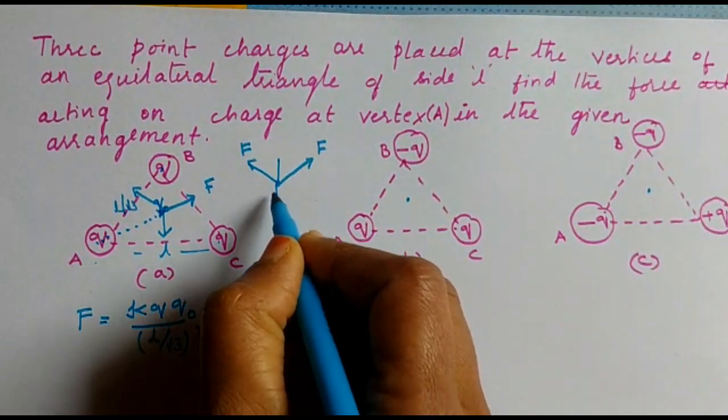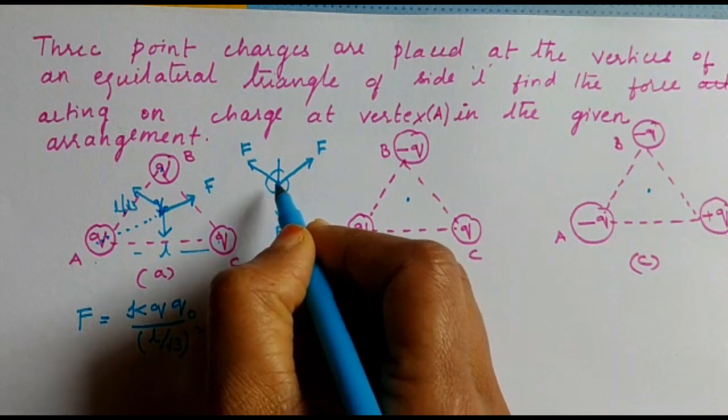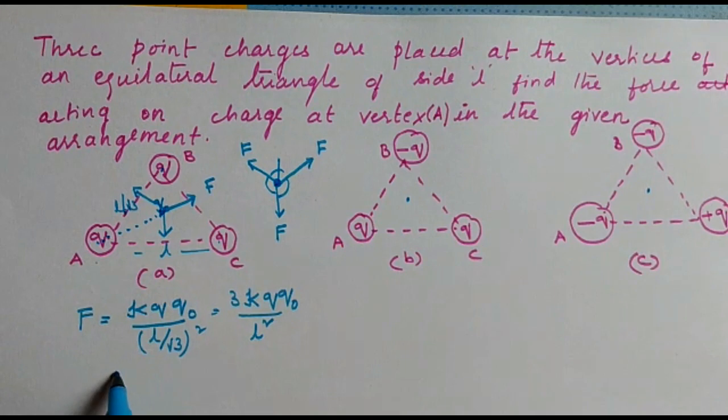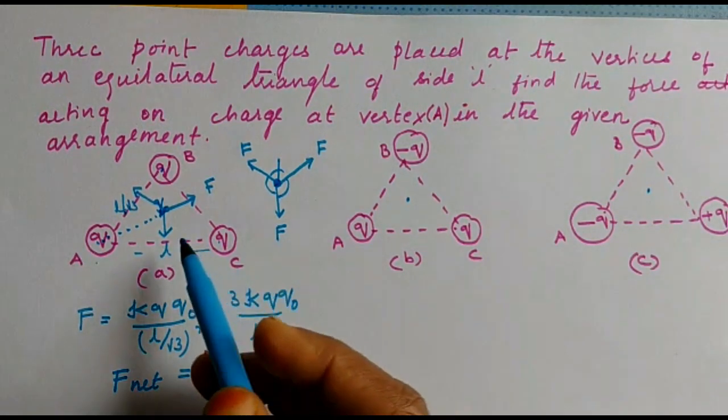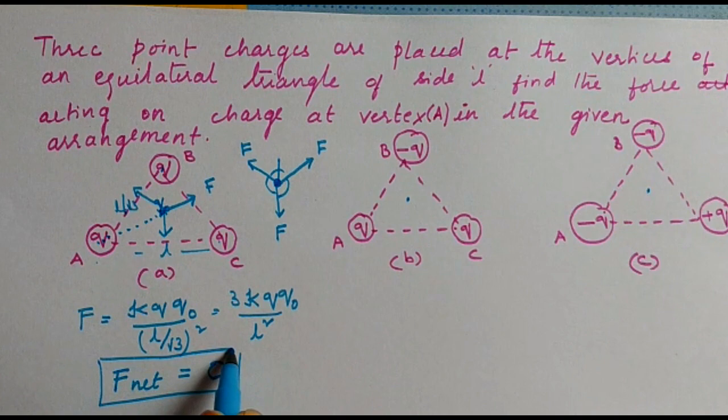All are equal in magnitude, acting at 120, 120 and 120 degrees. So this point is in equilibrium according to Lami's theorem. So the net force experienced by the point charge placed at the centroid would become 0. So this would be the answer for the first arrangement.